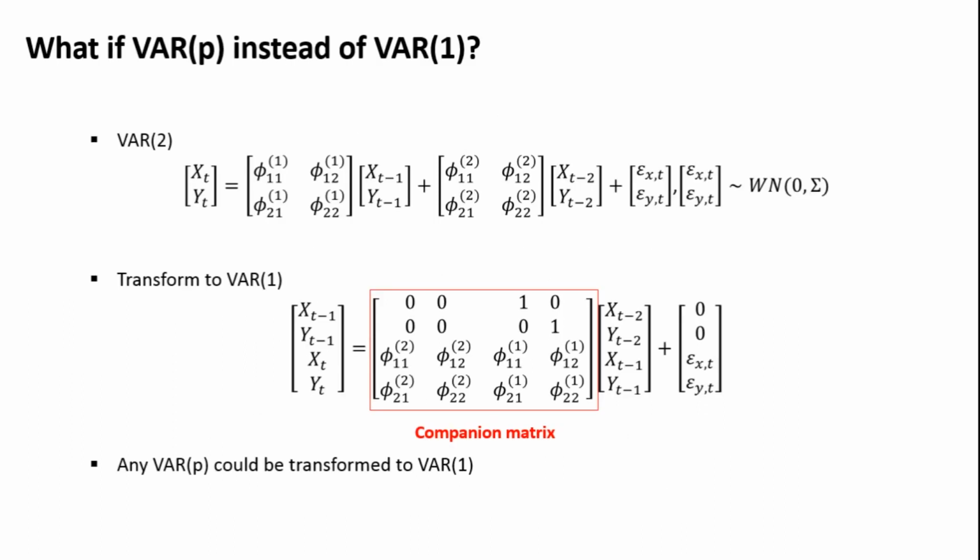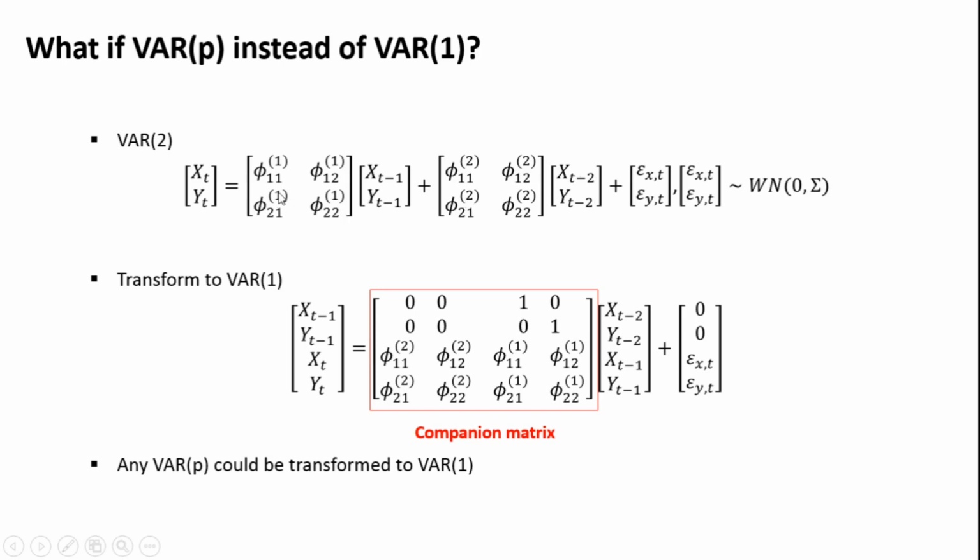In another situation, we have VAR(p), a VAR of order p, instead of VAR of order 1. If we take a situation of VAR of order 2, we can estimate our variables in function of second-degree lags.